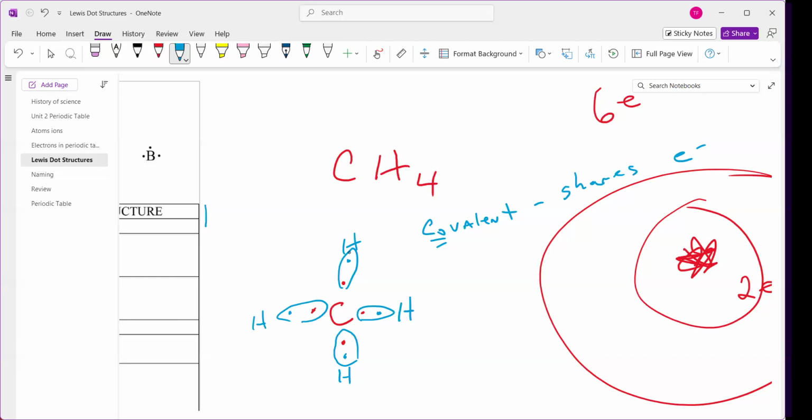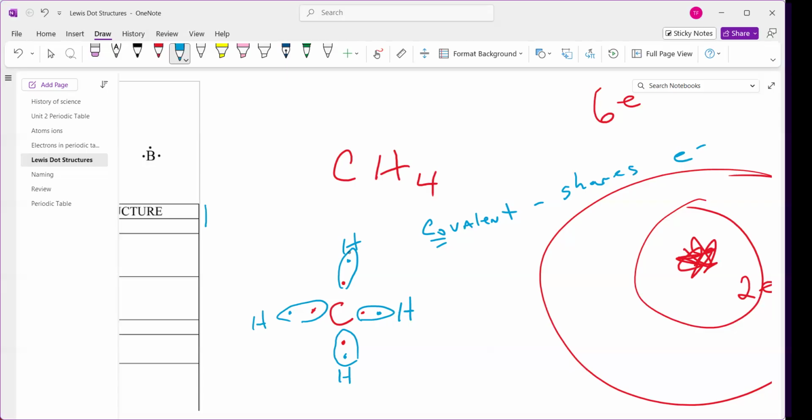So the octet applies to everything except hydrogen. Hydrogen's full outer orbital has 2 electrons in it. Does hydrogen share 2 electrons? Hydrogen is sharing 2 electrons. So hydrogen is in good shape, carbon is in good shape. So this is a valid, legal Lewis structure.